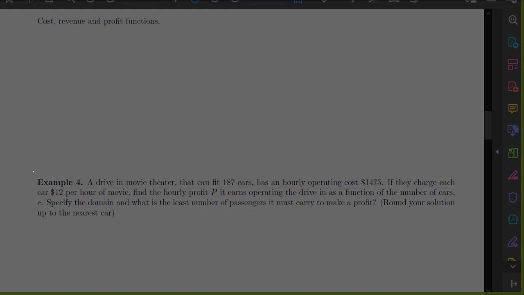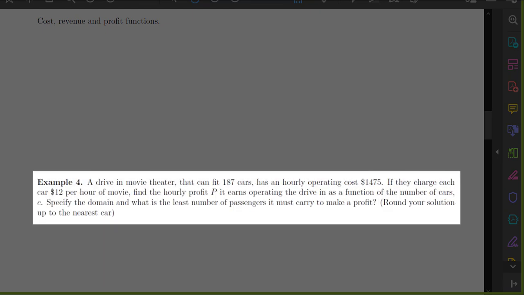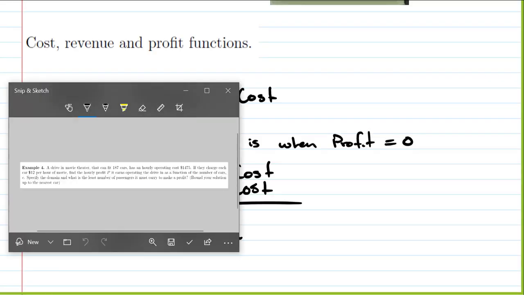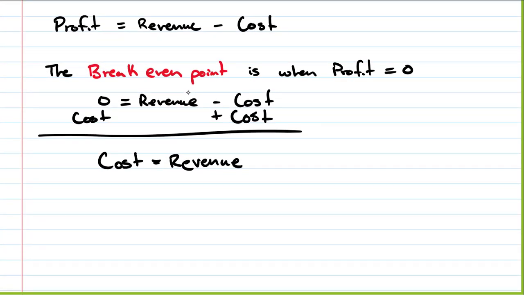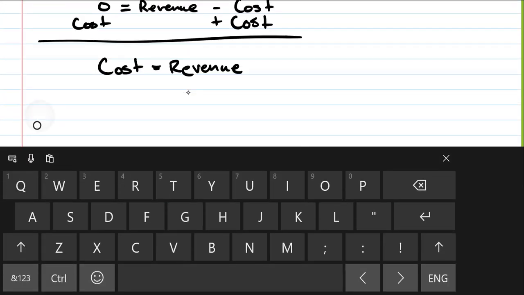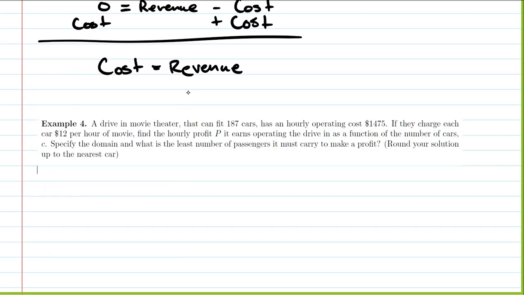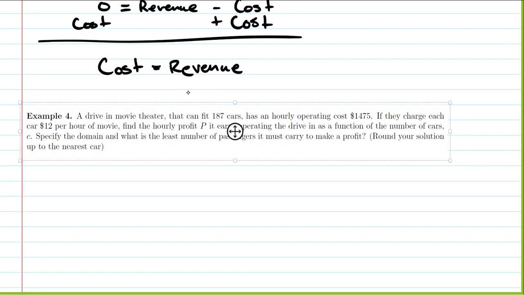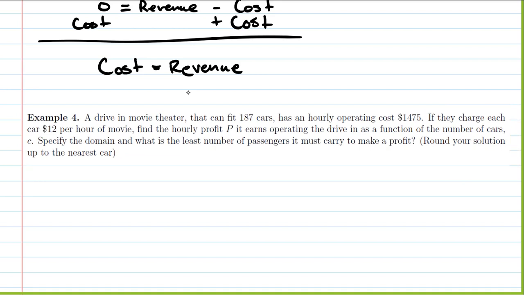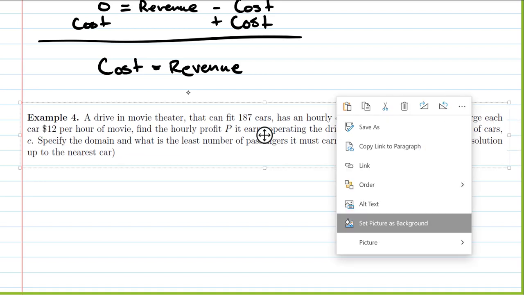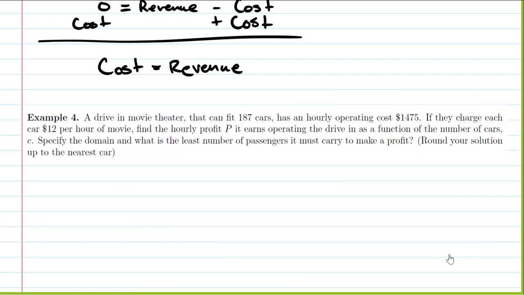Let's take a look at our next example. A drive-in movie theater that can fit 187 cars has an hourly operating cost of $1,475.